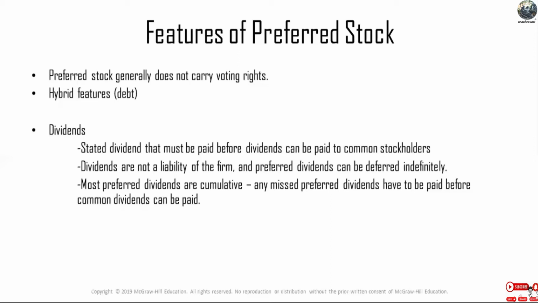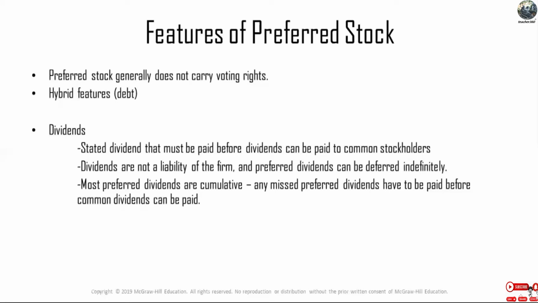The characteristics of both stocks and bonds exist in preferred stock. Like bonds, they usually make regular fixed payments and have a par value that is returned to the investor when the security matures. So that is why it is called a hybrid feature, where you can see the feature of equity and also the feature of a bond.